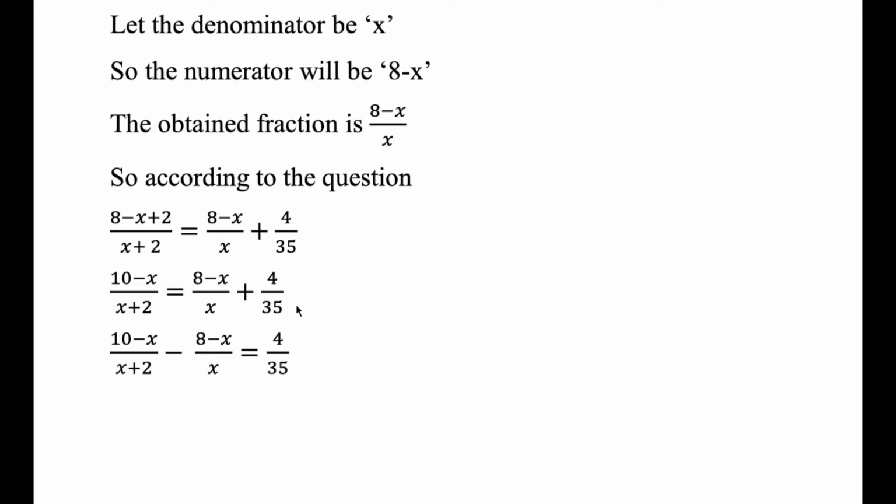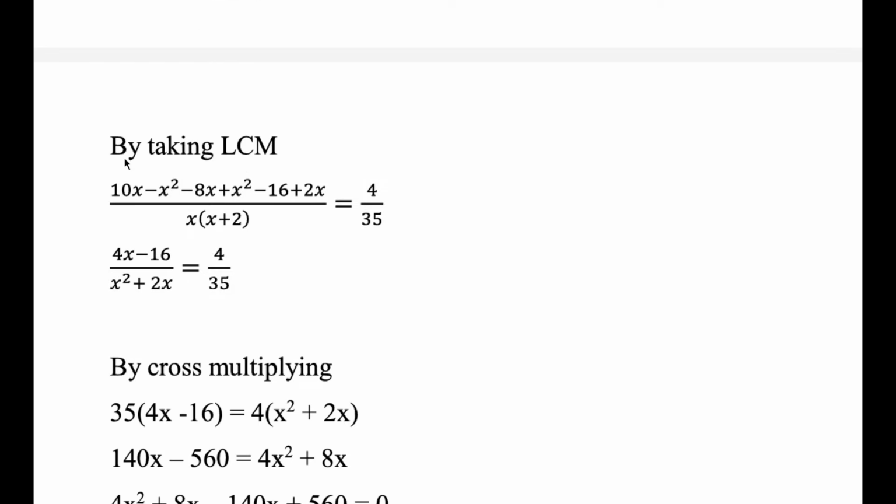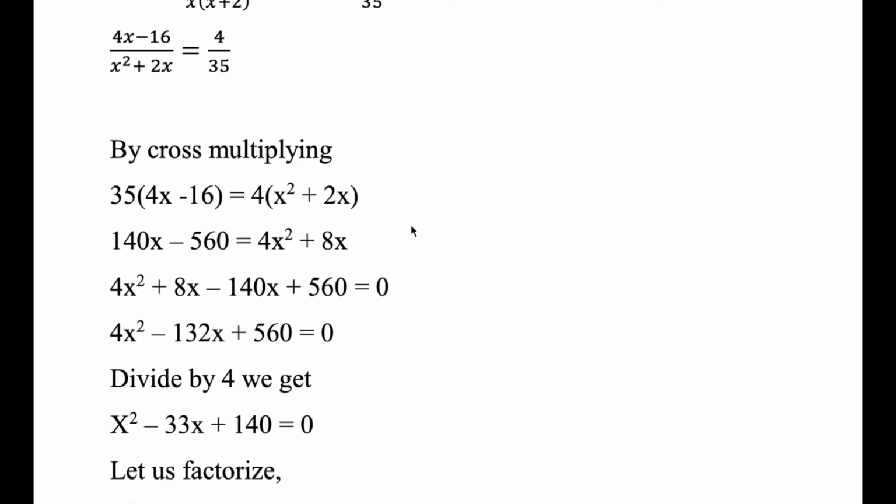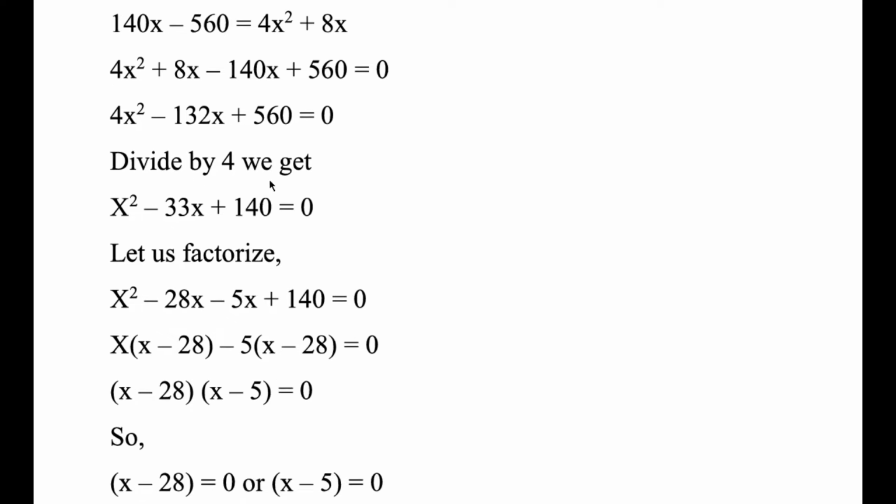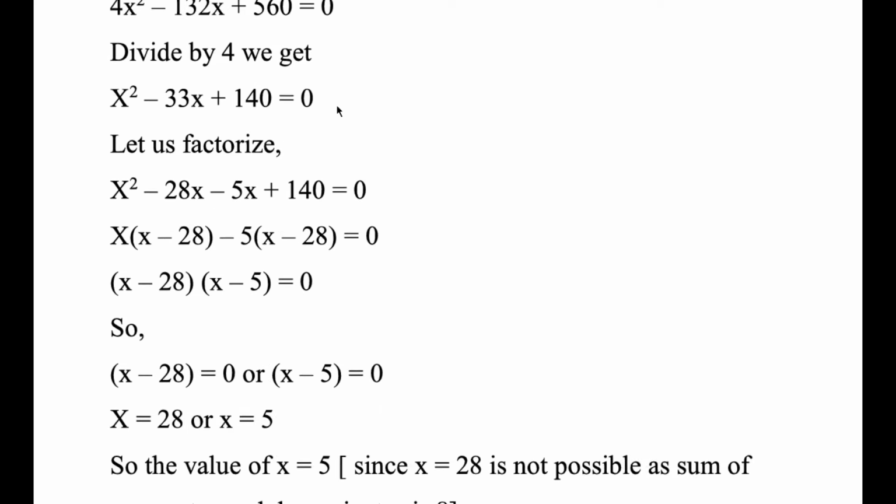After that a little bit of simplification, taking the LCM, cross multiplication, a few steps of simplification, dividing by 4 just to reduce the burden, and then middle term factorization.